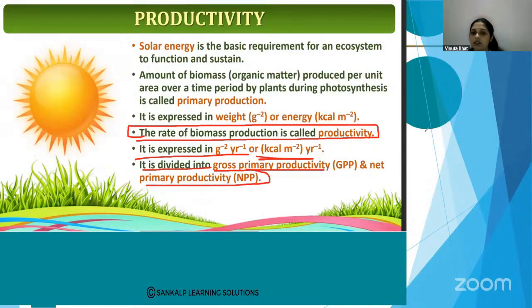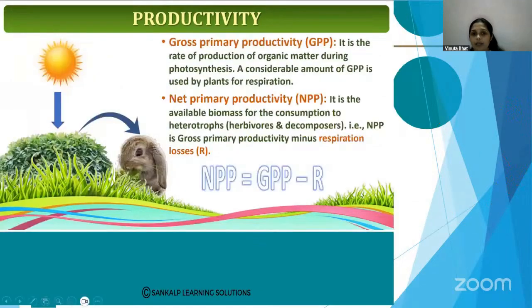So if you consider the total productivity, it is divided into two types, that is gross primary productivity and net primary productivity, GPP and NPP. Then what is gross primary productivity and net primary productivity?